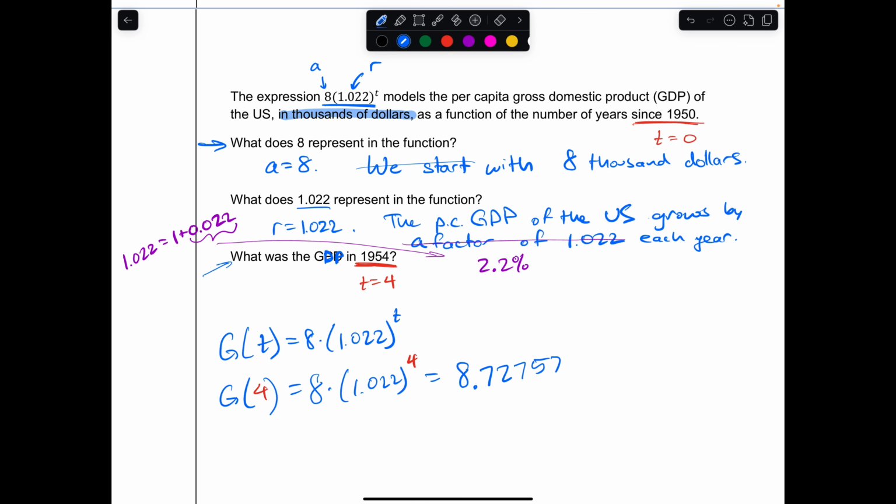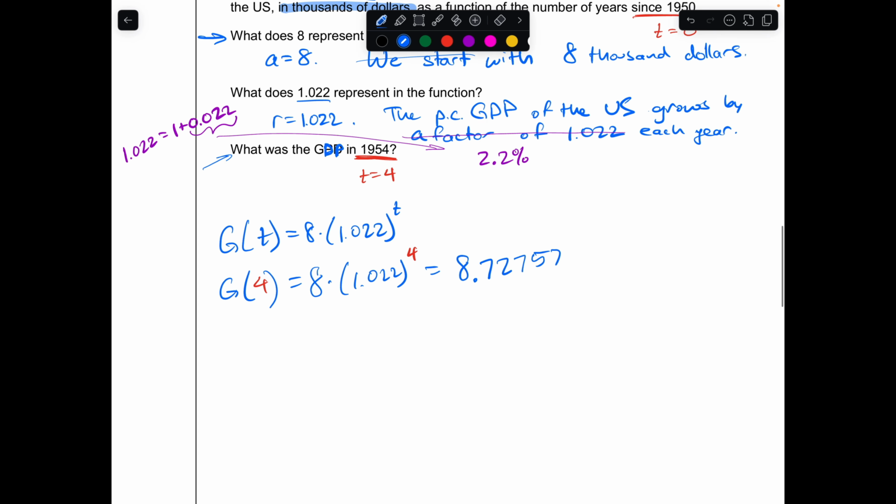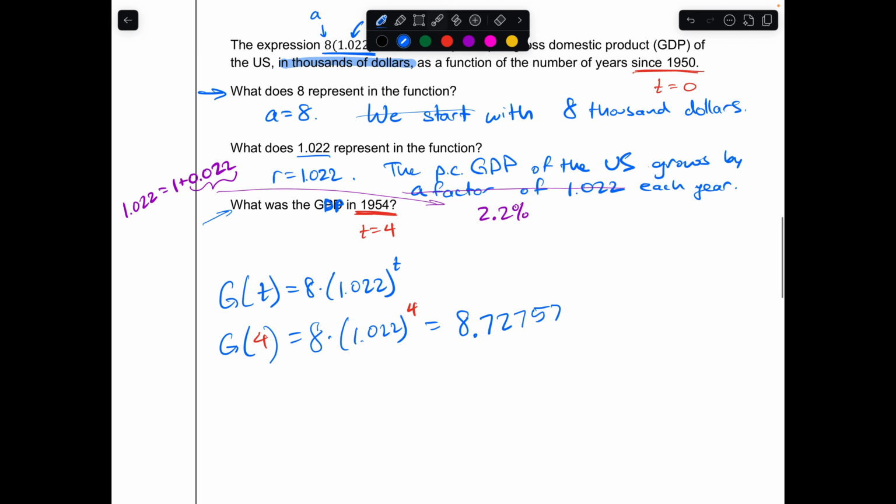8.72757. Now you might be wondering, wait a minute, how come we're putting so many numbers after the decimal here, but we didn't in the last problem? Well, that's because this number here is in thousands of dollars, right? But we don't usually write it as 8 point whatever $1,000.